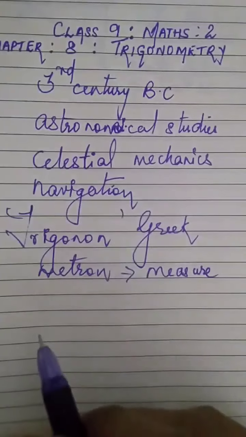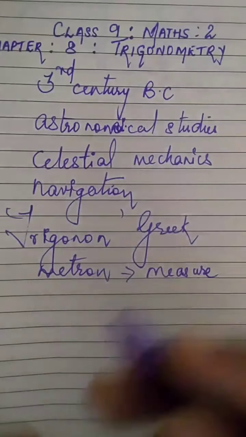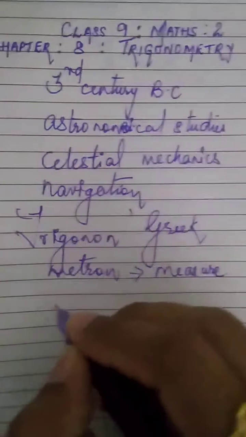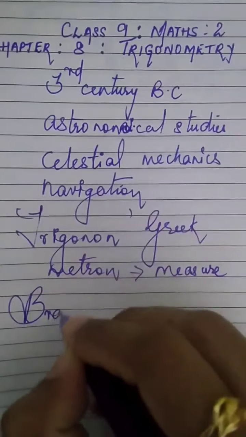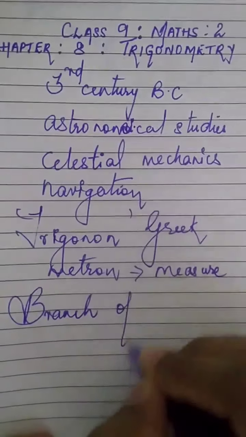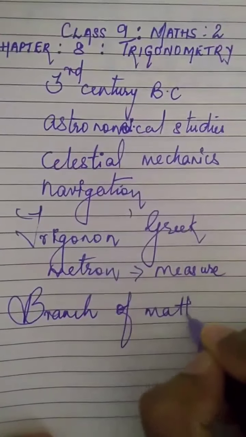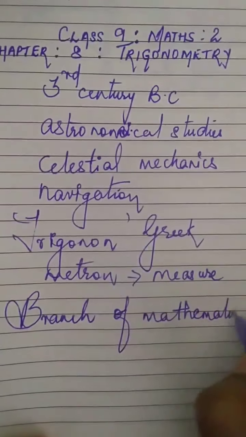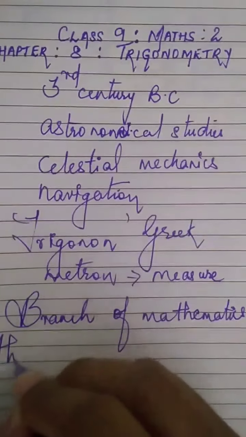If somebody asks you what is trigonometry, you can state it as: trigonometry is a branch of mathematics that studies the relationship between the lengths of sides and angles of a triangle.